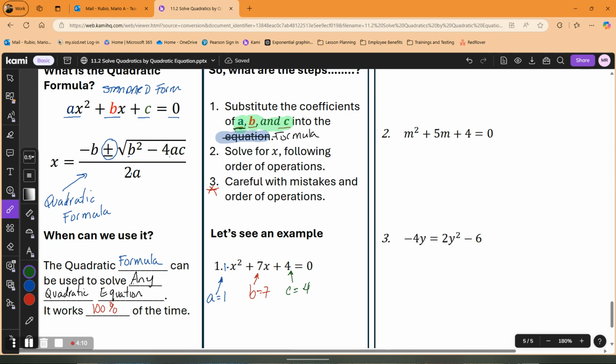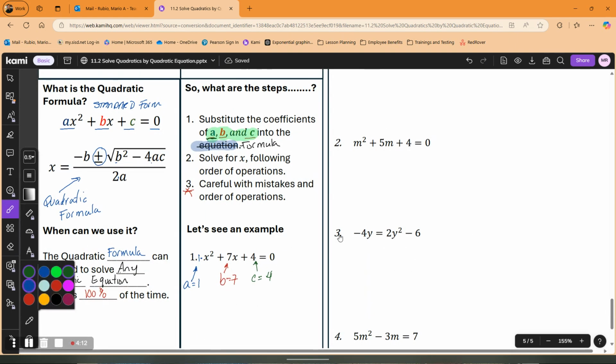We're going to take those and substitute them right into the formula. X equals negative 7, plus or minus the square root of 7 squared. The 7 itself is positive. The negative came from the quadratic formula; we always add that negative.